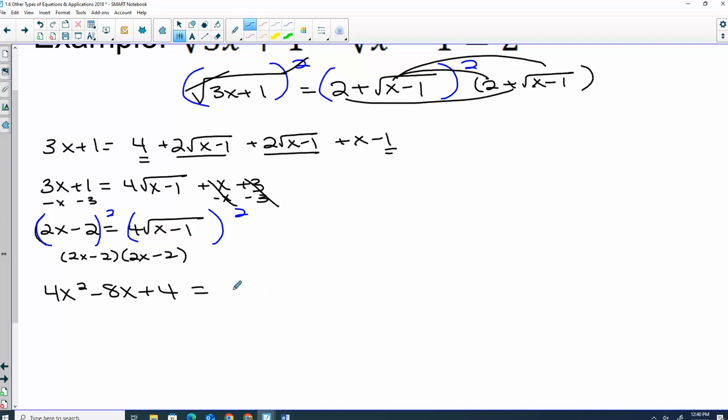What do I get on the right? 4 squared is 16, and the square root drops. And the reason I just square both pieces is that's one term. There's no addition or subtraction there.